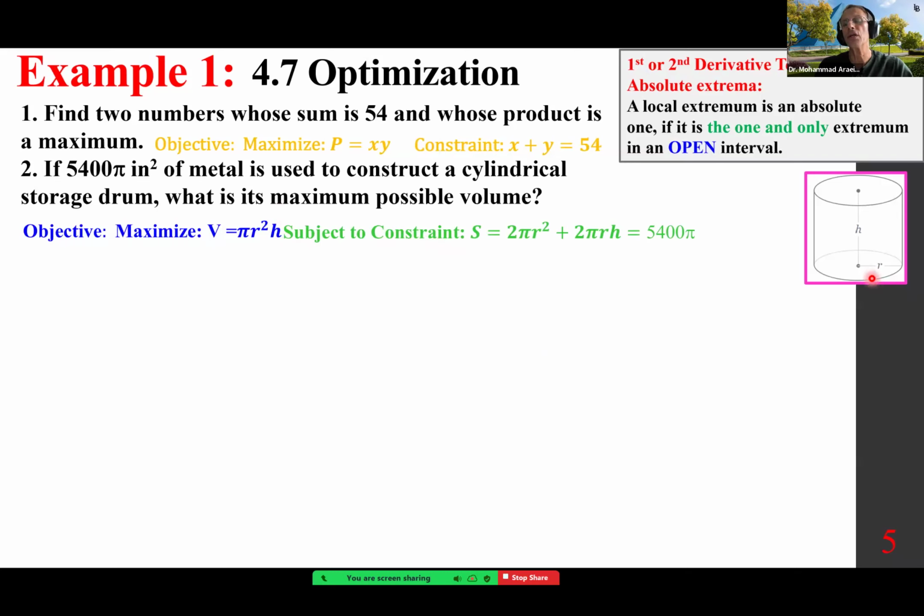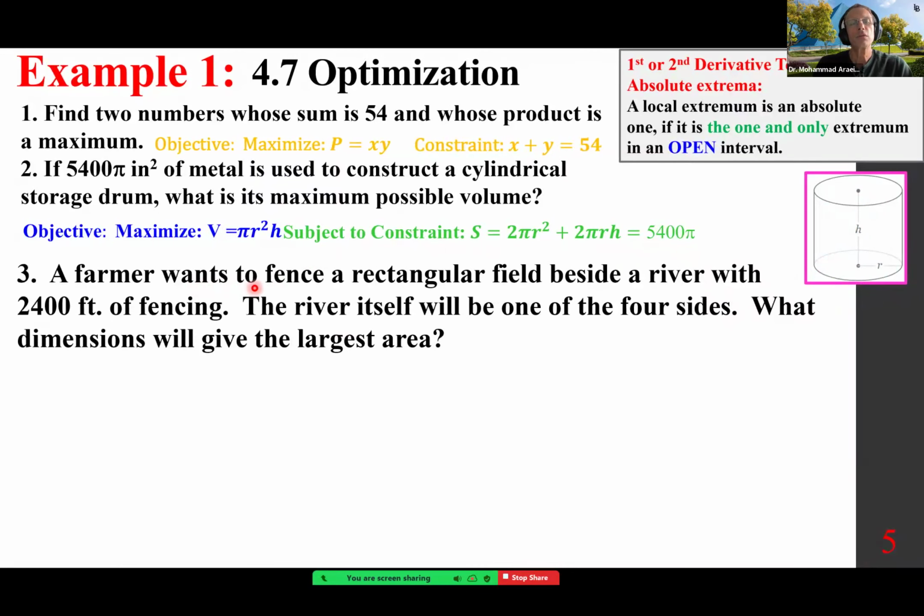The surface area is the area of the base, pi r squared times 2, so 2 pi r squared. And the lateral surface, if you cut it open, looks like a rectangle where the width would be the circumference, 2 pi r, times the height. So 2 pi r h, plus the bases, equals 5400 pi.